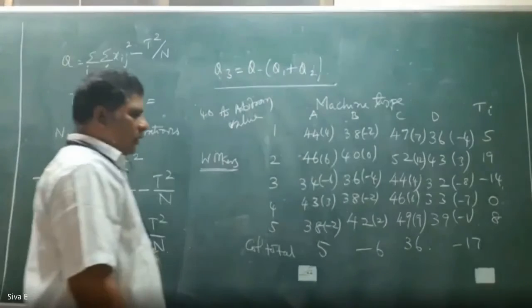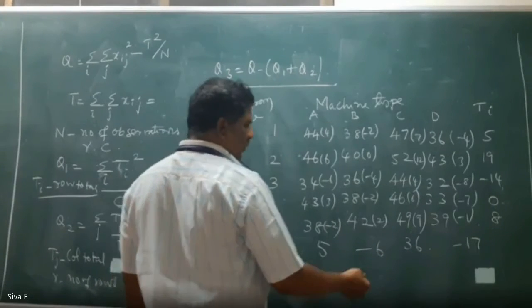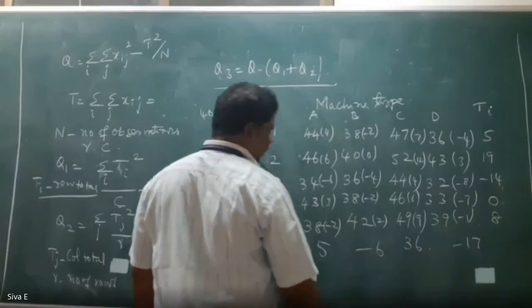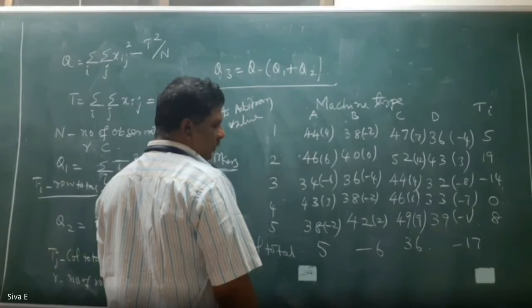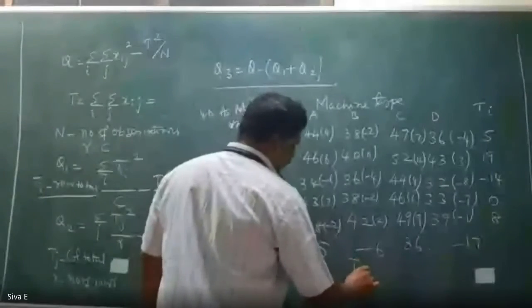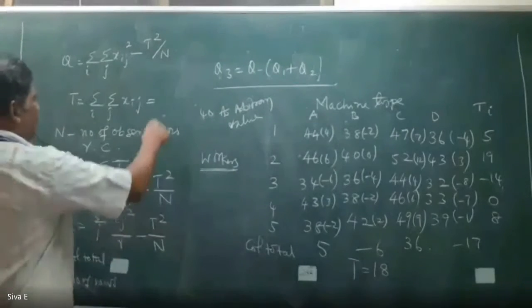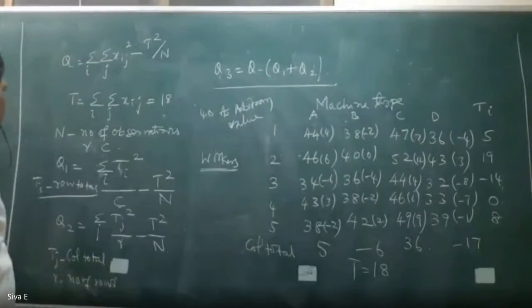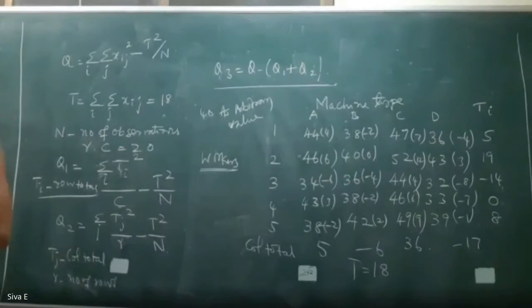That means 36, 17, 17, 23, 13 plus 5, 18. T equal to 18. Then N is R into C, 20.